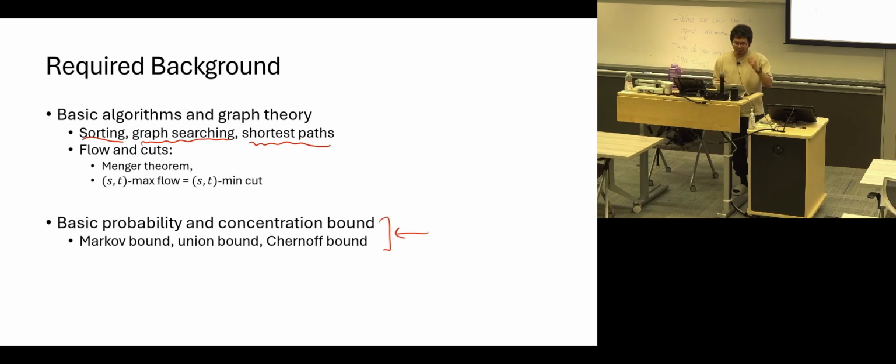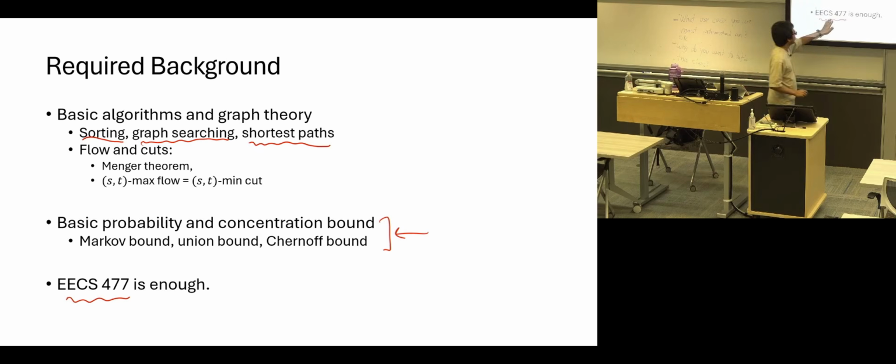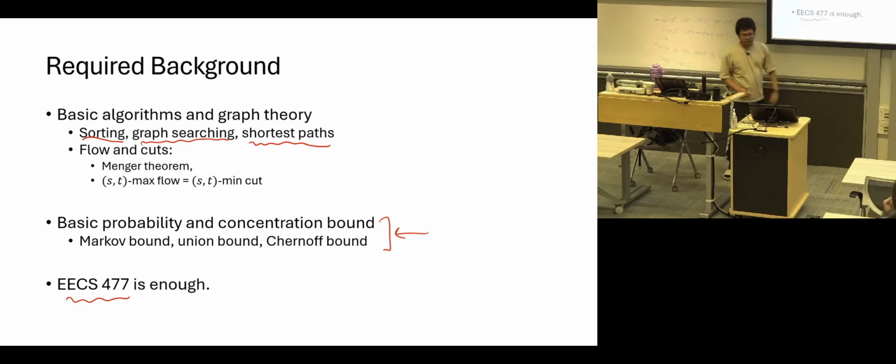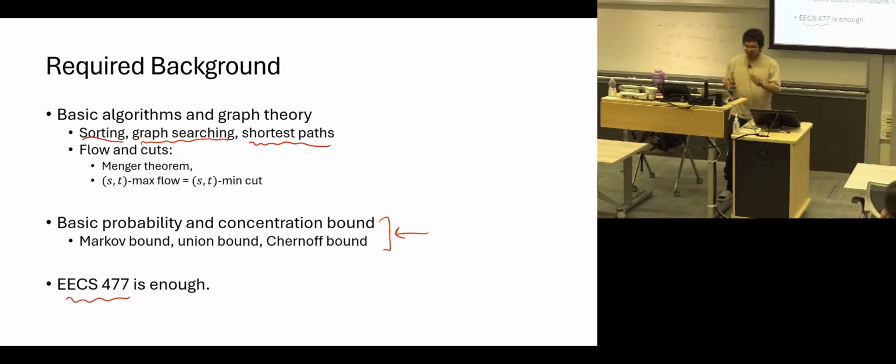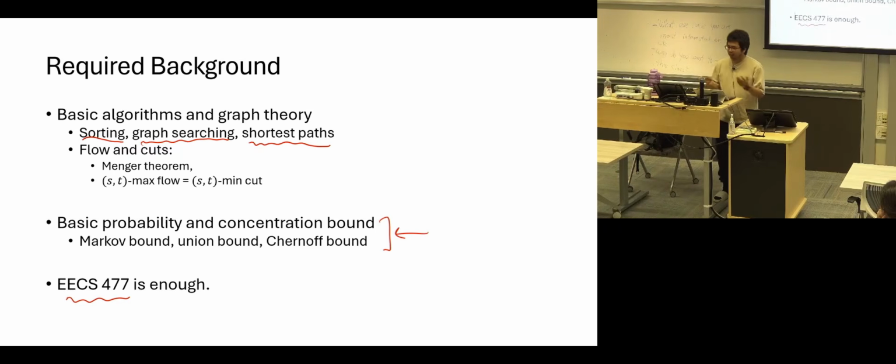If you feel that you didn't follow, try to catch up on this. But the point is that anything in EECS 477, if you have seen material from it, should be enough.